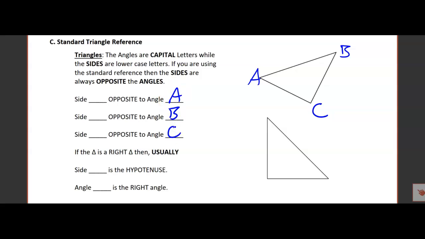So generally the angles are capitalized and the sides are lowercase. All right? If I mark angle A, side A is the one I did not touch. So side angle A and side A are opposite to each other. Side A is opposite angle A, side B opposite angle B, side C opposite angle C.